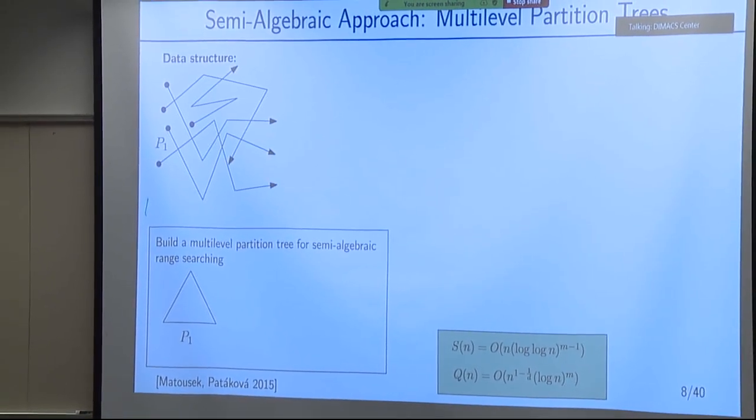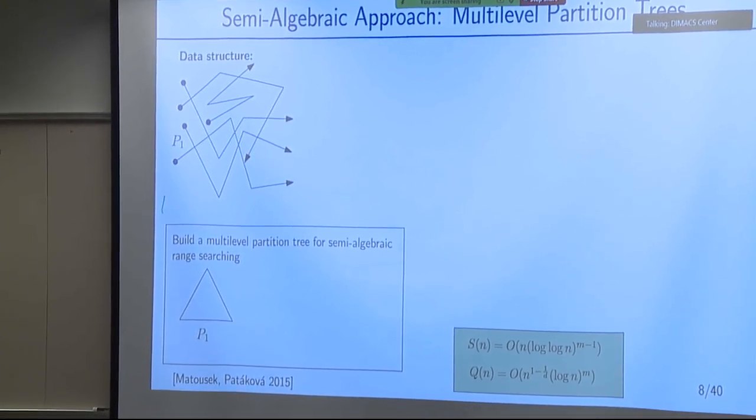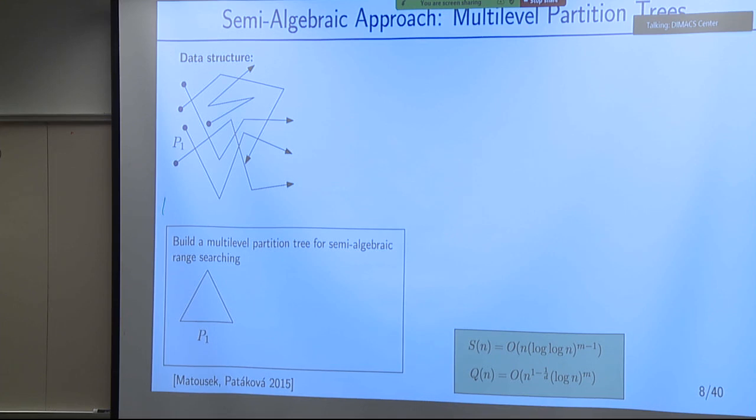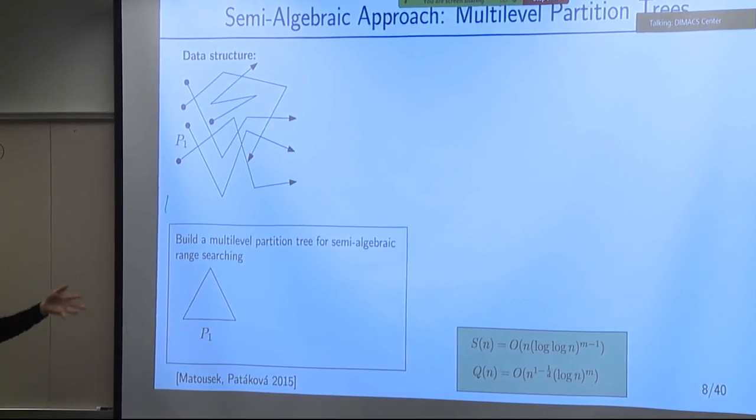Okay, now the other approach, the first one in the table, works for range reporting. But you can also use it for returning one point from the query. What we want to use is semi-algebraic range searching, which can be solved using multi-level partition trees with a polynomial partition theorem.